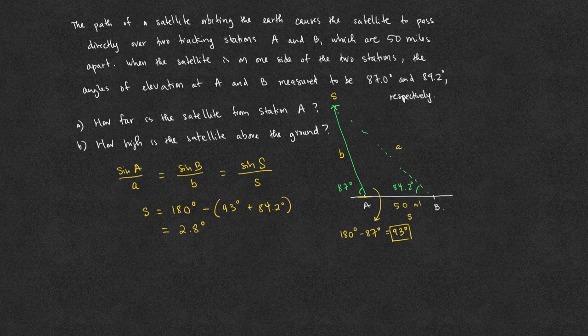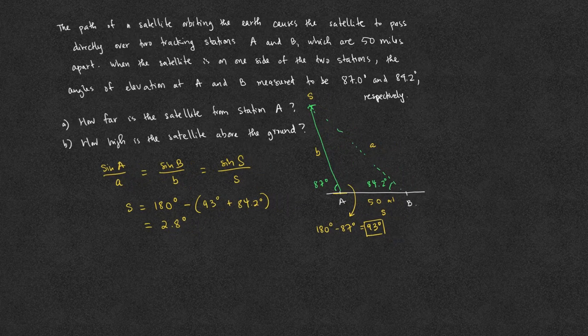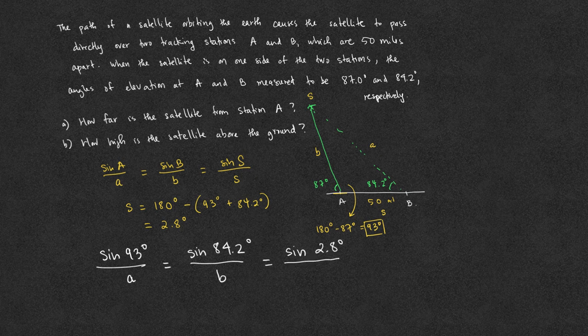We now can substitute these into the law of sines, which is sine of A, 93 degrees, over a, which is an unknown, equals sine of B, 84.2 degrees, over b, which is another unknown, equals sine of S, 2.8 degrees, divided by the opposite, which is 50.